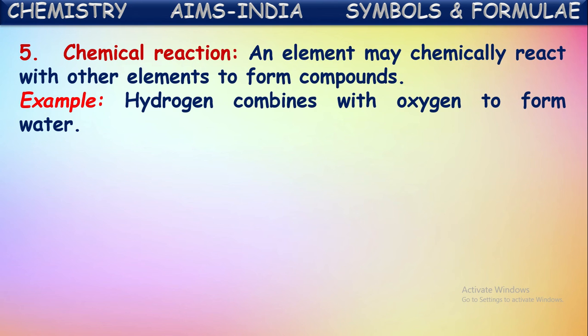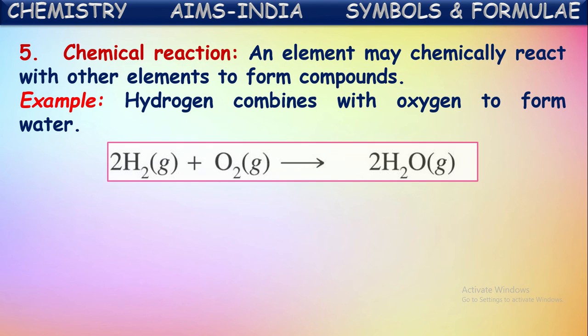Here hydrogen is an element, oxygen is another element. If these two combine, they form a new substance called a compound, that is water. That can be represented as an equation like this: hydrogen combines with oxygen to form water. This is called a chemical reaction.